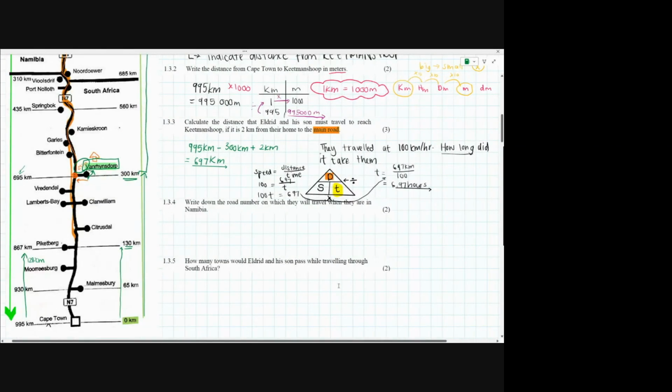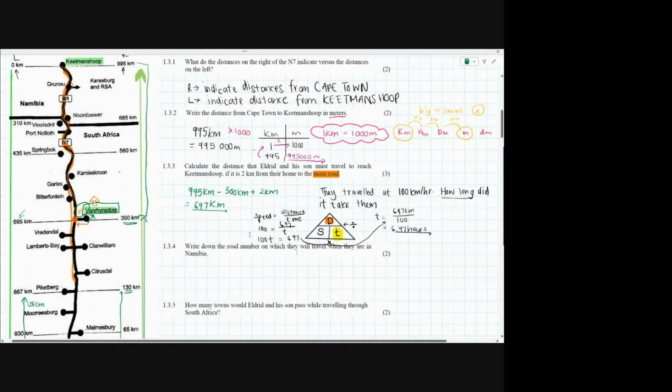All right, so it says in 1.3.4, write down the road number on which they will travel when they are in Namibia. Now, I've actually already said it, but if we look at our map, what is the road number that they'll travel on when they get into Namibia?